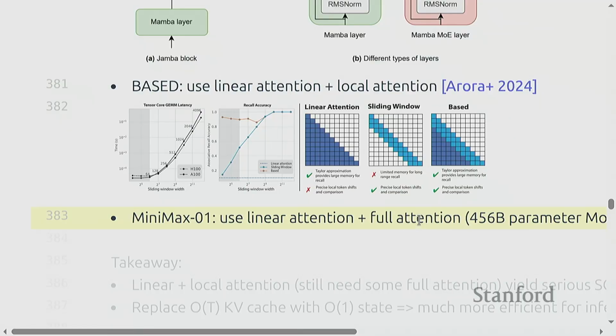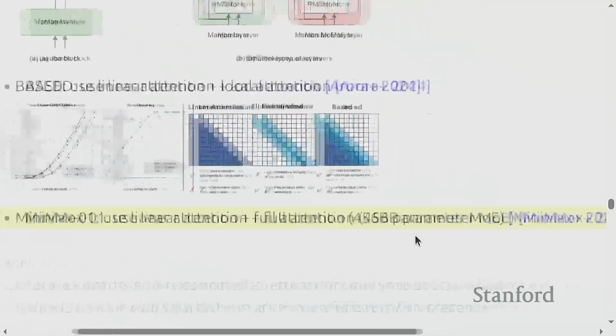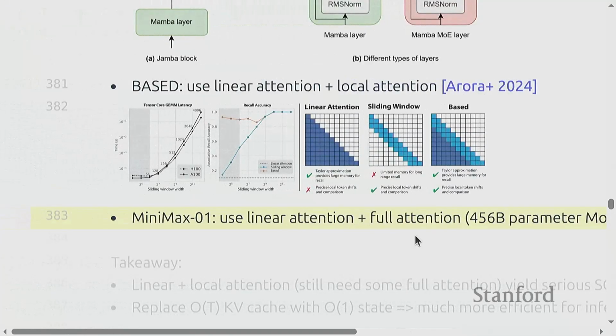I don't think people have been able to get around having some full attention, but at least it seems like people have been able to get rid of most of full attention. Most of the layers are not full attention anymore. They're just either linear layers or local attention layers, which are much, much more efficient.